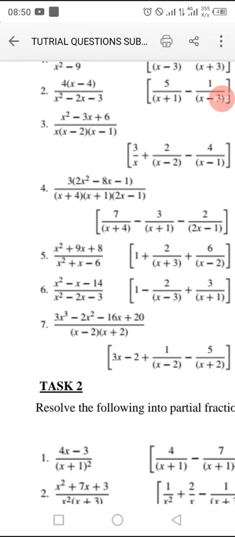So I've got 3x to the power 3 minus 2x squared minus 16x plus 20, divided by x minus 2 times x plus 2. If you look carefully, the bottom part is smaller compared to the top part.